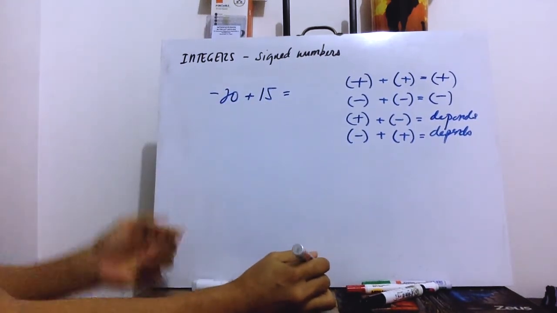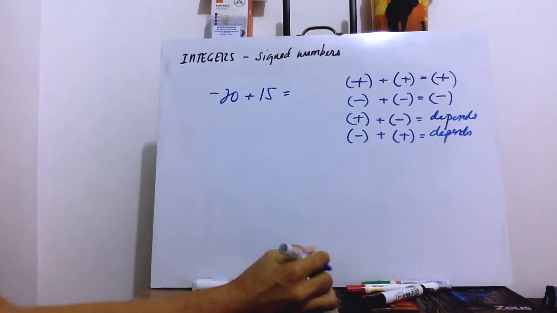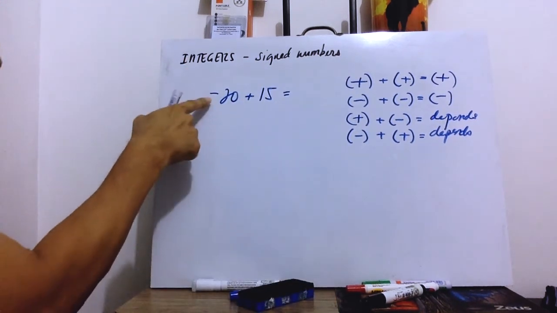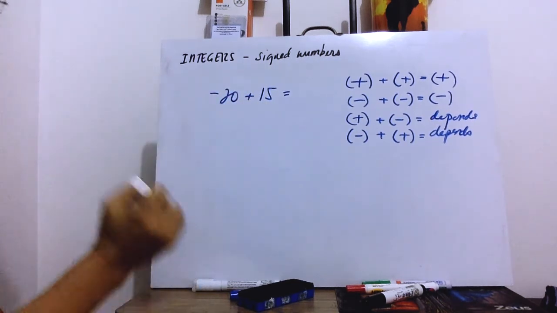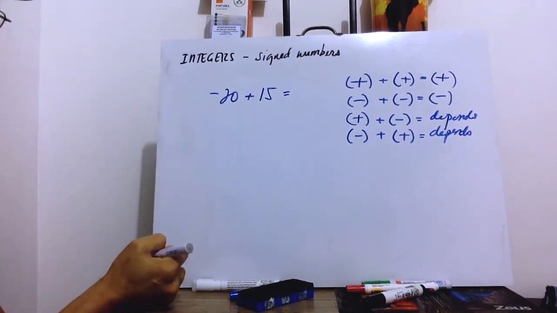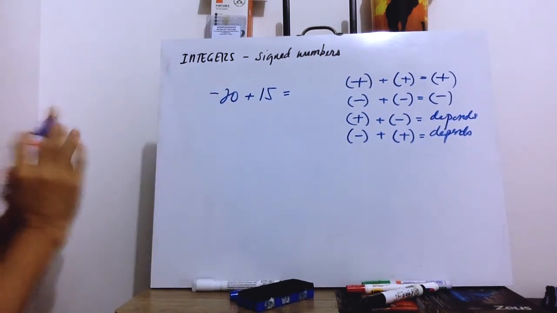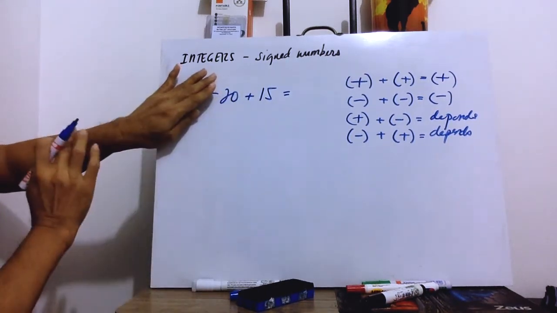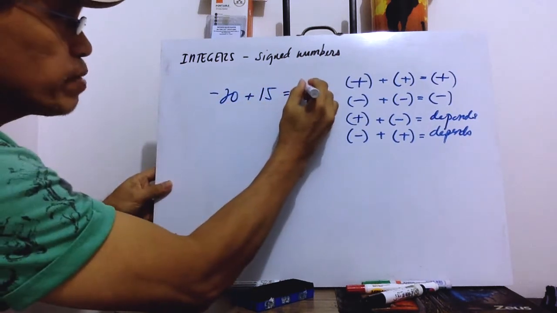Now we have here negative 20 plus 15. If you have a positive integer and a negative integer, we get the difference of the two integers. Let's not talk about the signs first. It's 20 and 15. What's the difference between 20 and 15? That's 5, right?